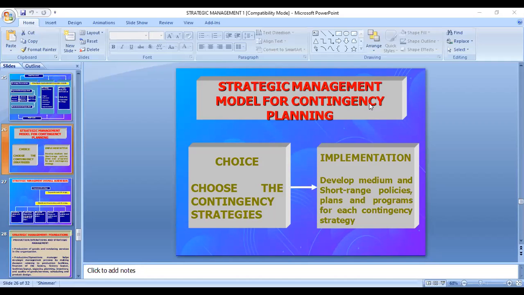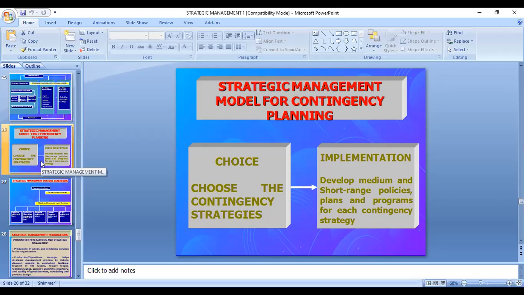And again, in the same strategic management process, you have already analyzed, you only choose the strategies, and after choosing the strategies, you have to implement the strategies. Means develop the medium and short range policies, plans, and programs for each contingency strategy.